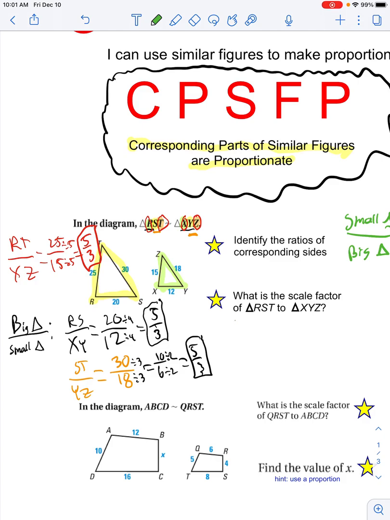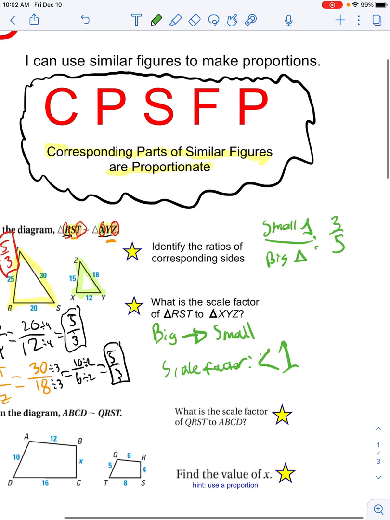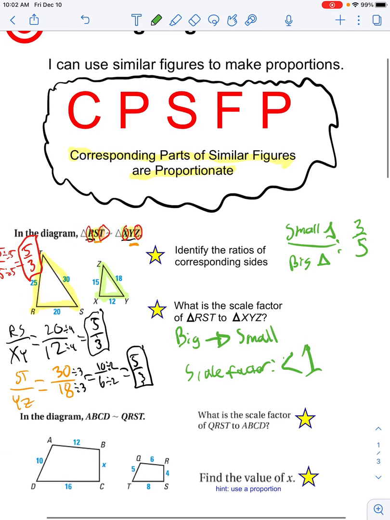That's what we're going to use for our scale factor. RST is my big triangle, so I'm going from big to small, which means my scale factor has to be less than 1.